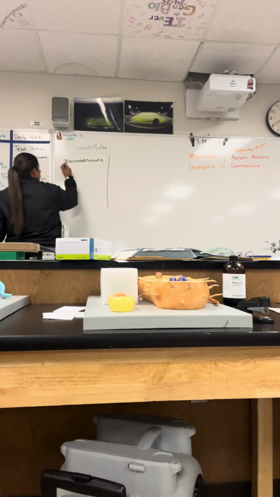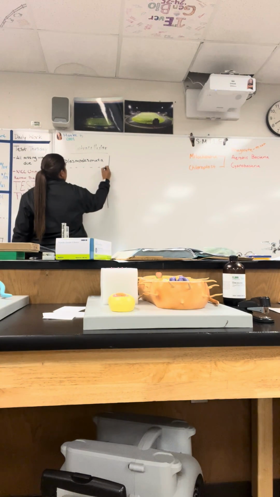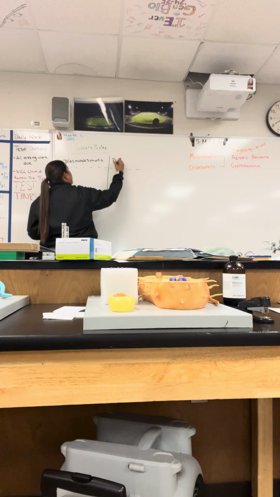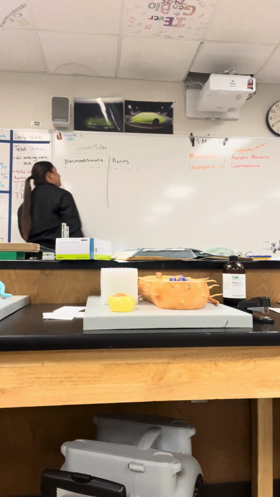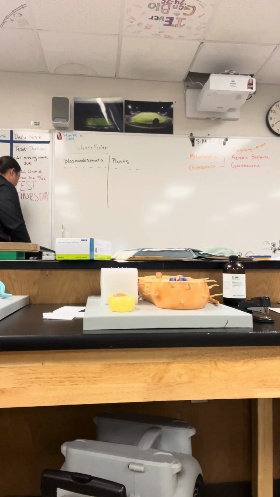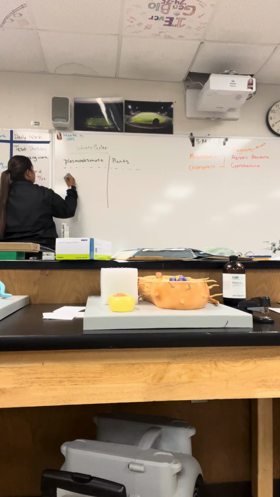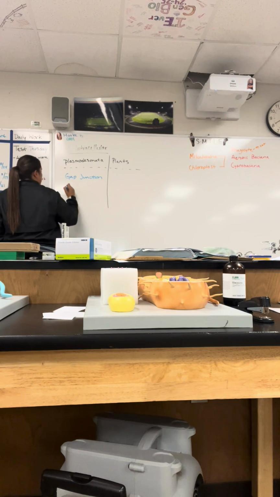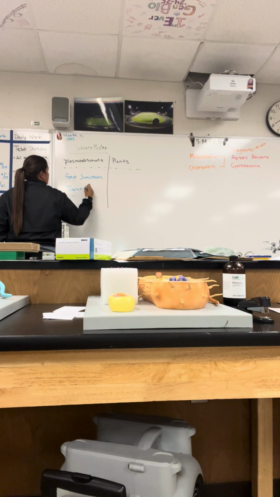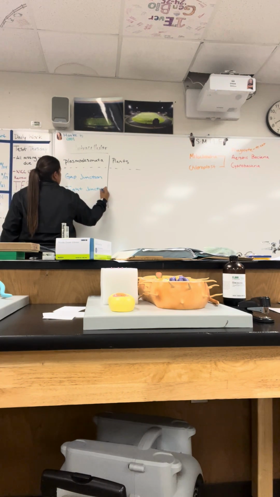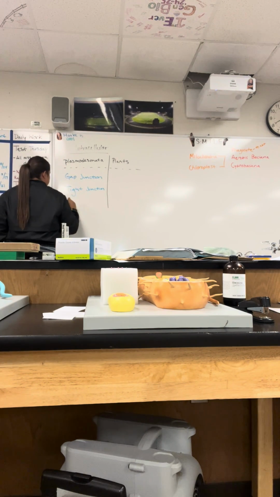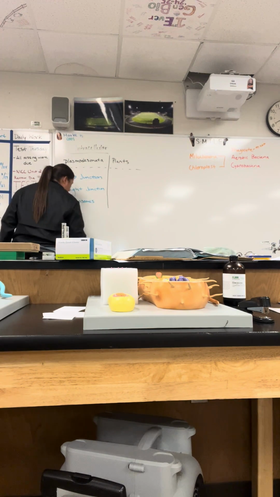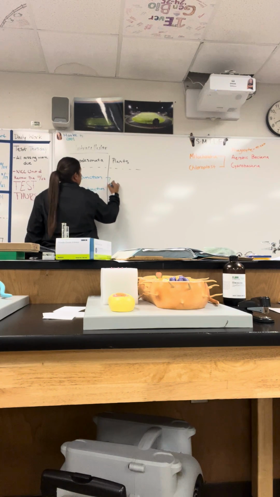When we're looking at the plasmodesmata, this is the only one found in plants. The gap junction, the tight junction, and the desmosome are all found in animals.